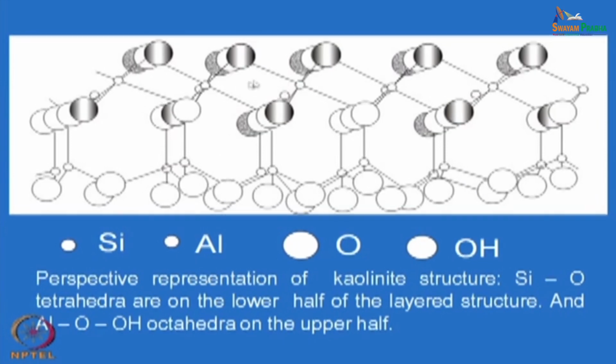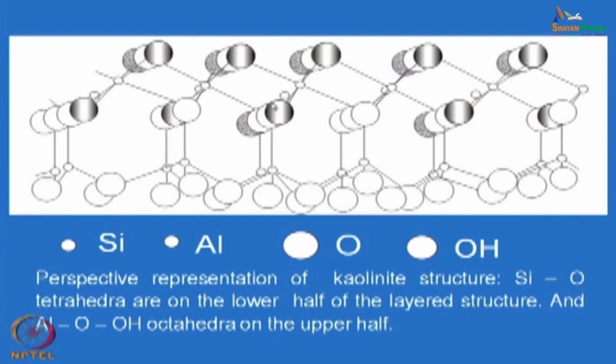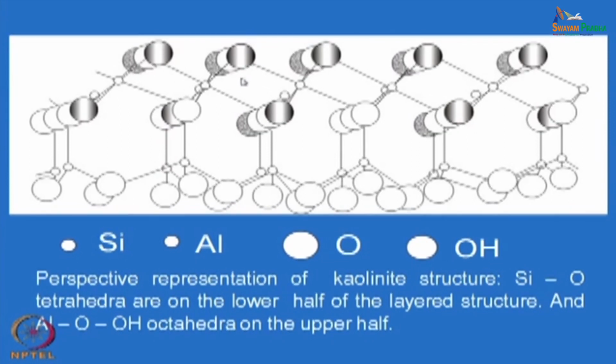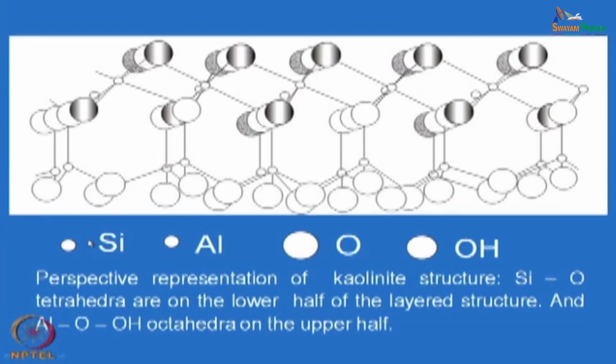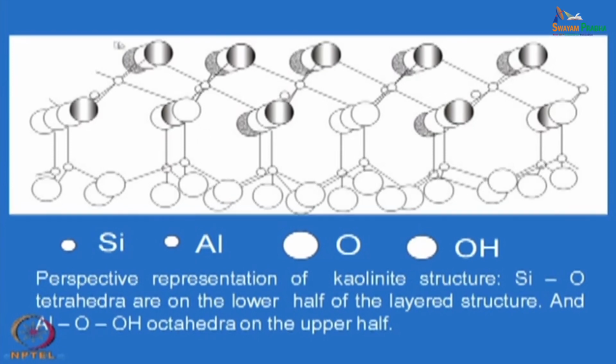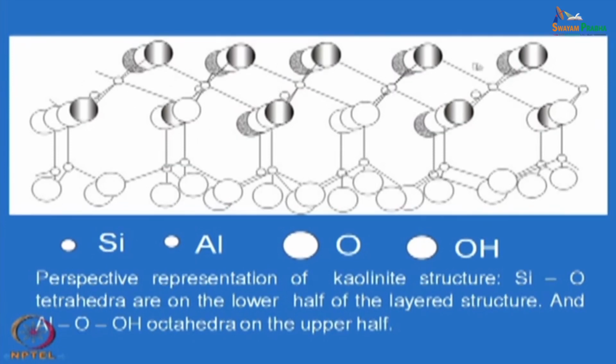On top of that, vertically above you have another layer, and in this case the kaolinite chemical formula is actually hydrated aluminosilicate. So, it has silica SiO2, it has Al2O3 and some hydroxyl ion. So, it is actually a kind of interpenetrating layer between Al(OH)3 and SiO2. Okay. So, this layer is a layer of oxygen, a layer of aluminum hydroxide.